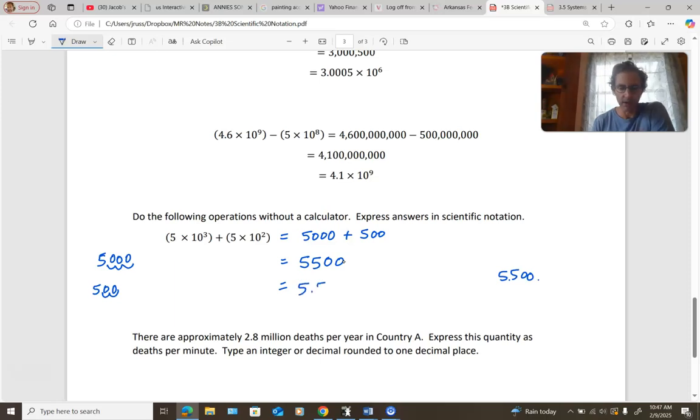So this will become 5.5 times 10 to the, since I'm moving it 3 places to the left, I'm essentially making this number smaller, so I need my power of 10 to be bigger. So it's going to be a positive 3. Okay, so 5.5 times 10 to the third. And it would be the same if this was subtraction. Instead of adding them right here, we would just subtract them.